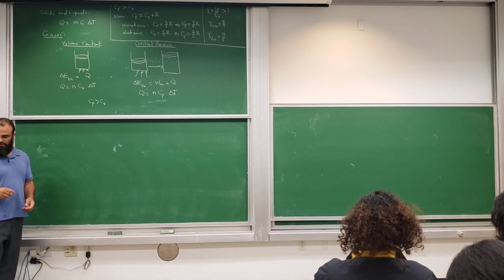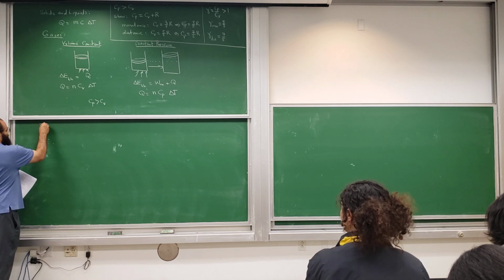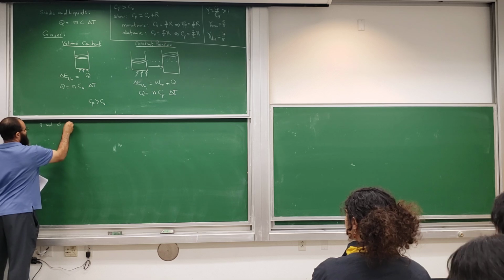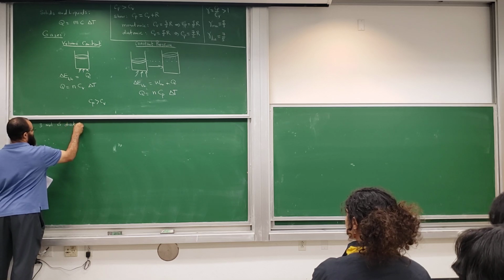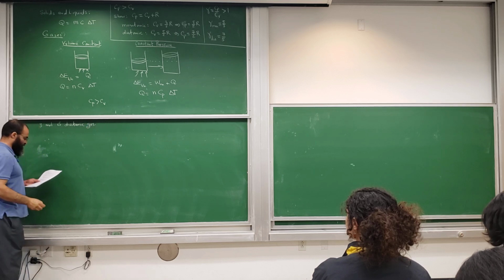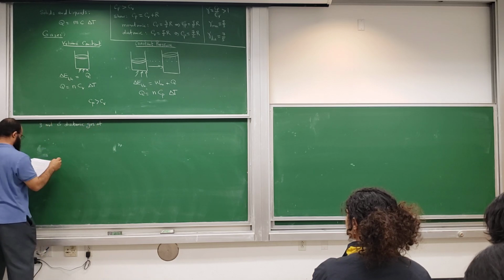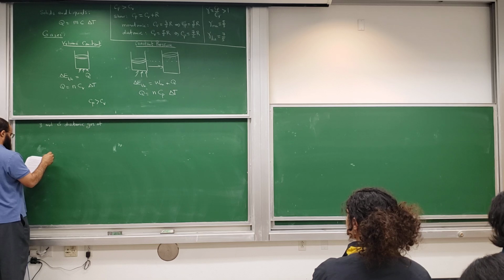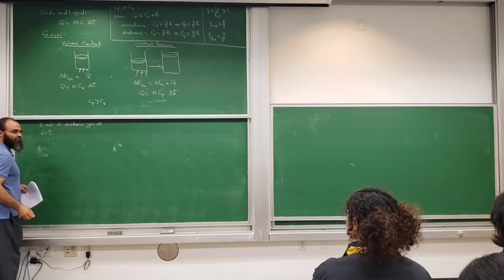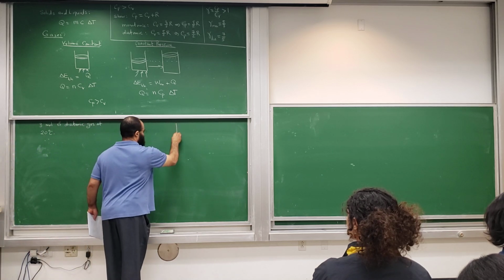So we have 3 moles of diatomic ideal gas.